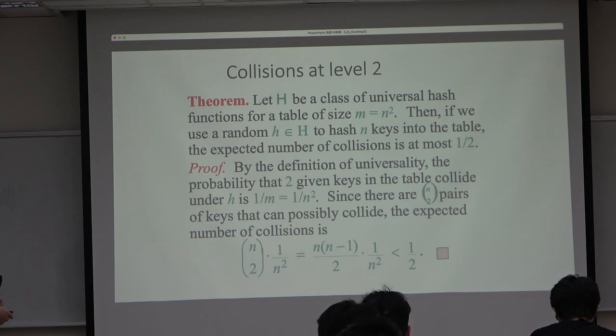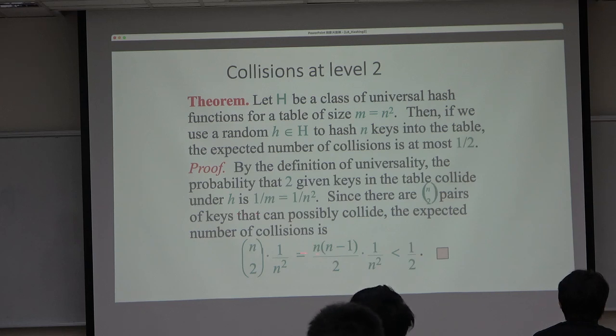Previously, we have proved that if you have universal hash functions, a set of hash functions that satisfies the universal hash property, then basically the probability that 2 given keys in the table collide under H is 1 over n, and there are this many pairs of keys.